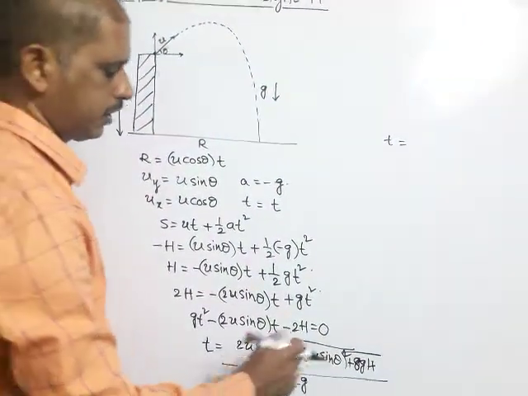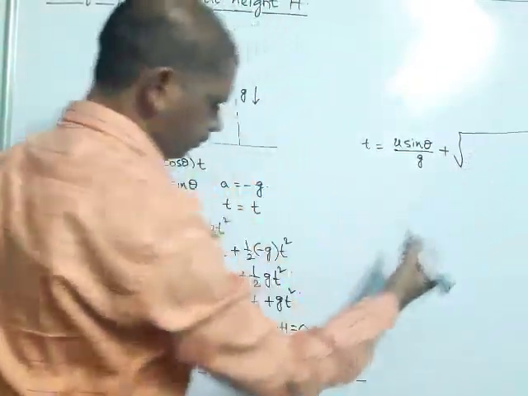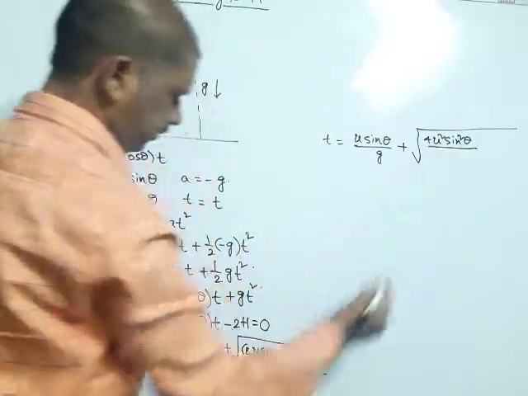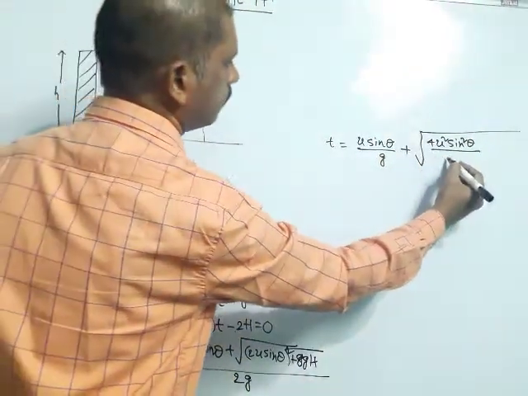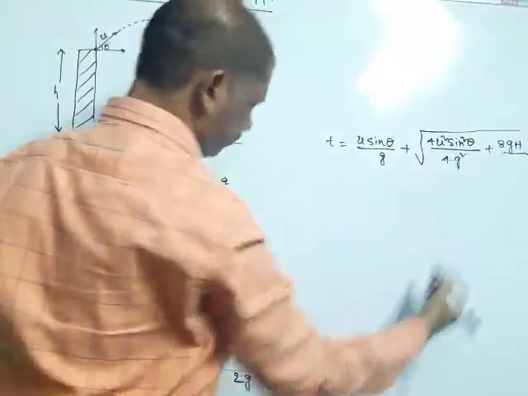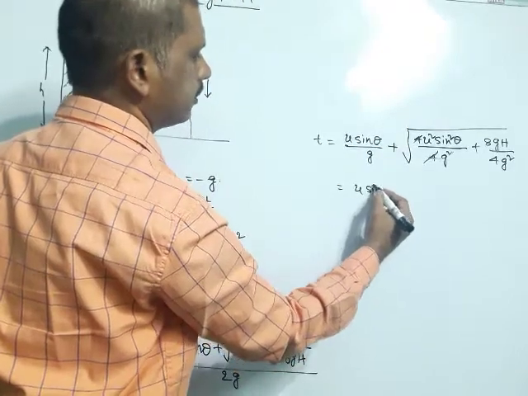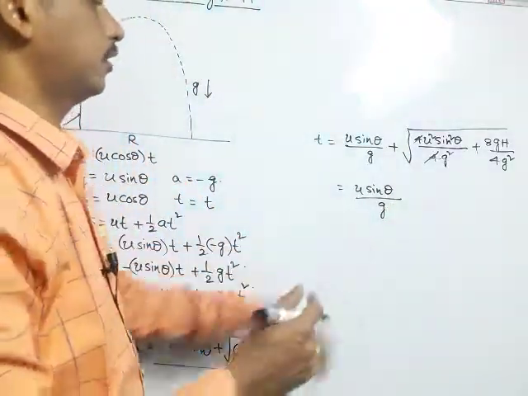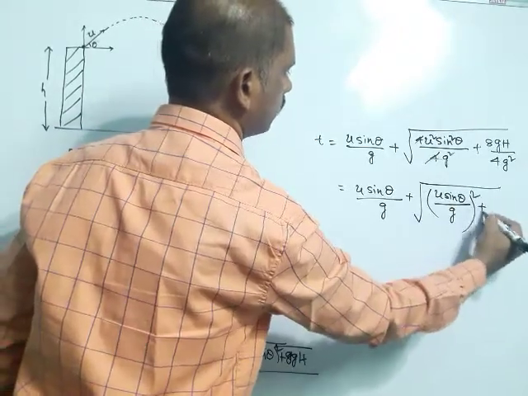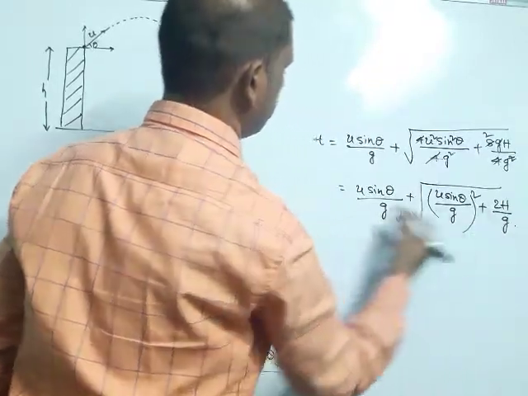So 2 cancels, u sin theta by g, plus square root of 2u sin theta whole square, that is 4u square sin square theta, by 2g, if you bring under root, that is 4g square, plus 8gh by 4g square again. So 4 cancels, then t is equal to u sin theta by g plus square root of u sin theta by g whole square plus 2h by g. So this is the time period.